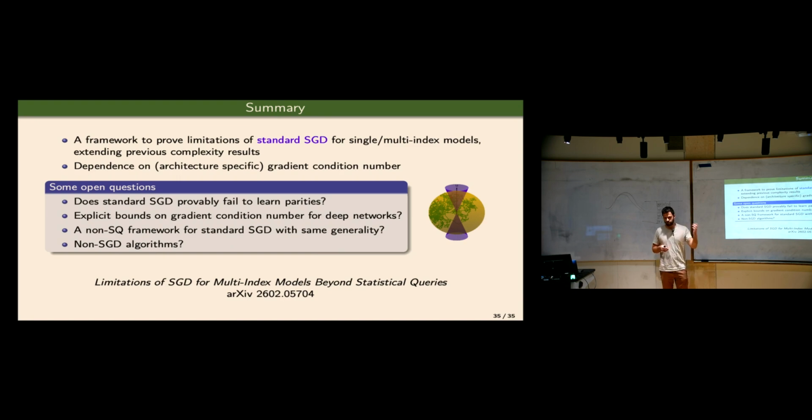There are also width considerations. In our paper, we just assume that the width is relatively small compared to the dimension. What if it's not? Are there other frameworks that you can use? What about other optimizers like Adam, things like this? So there are still a lot of places that you can take this.